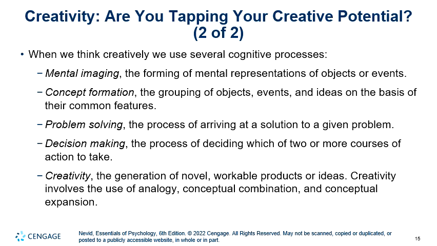Finally, we look at creativity and how it ties everything together. It's the process of generating new workable ideas or products, something both original as well as useful. Creative thinking often uses three powerful tools.